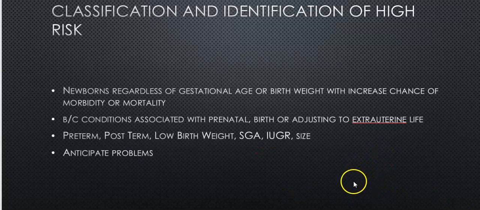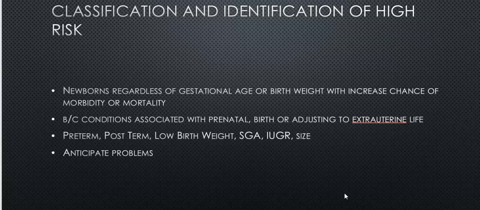So when we're talking about the high-risk baby, we're talking about a baby who may have gestational age issues. Maybe they were born preterm or born post-dates, or a baby that was born small for gestational age, or a low birth weight baby. These babies have a higher risk of infant mortality and morbidity.